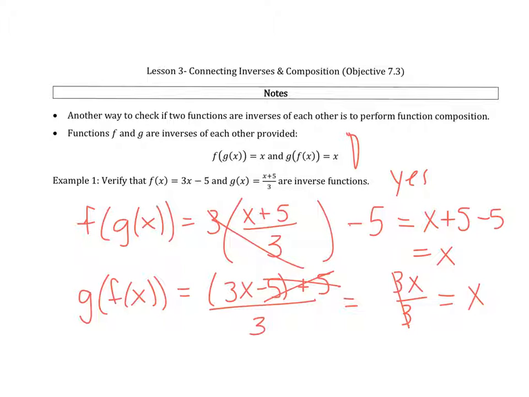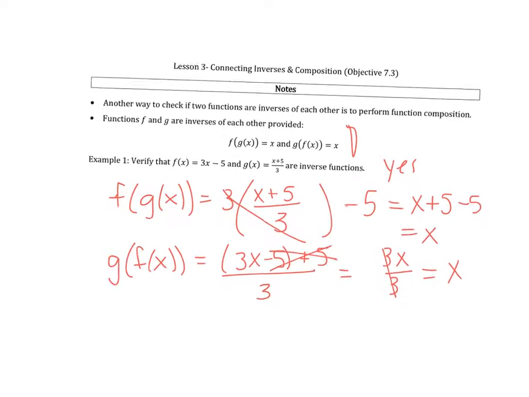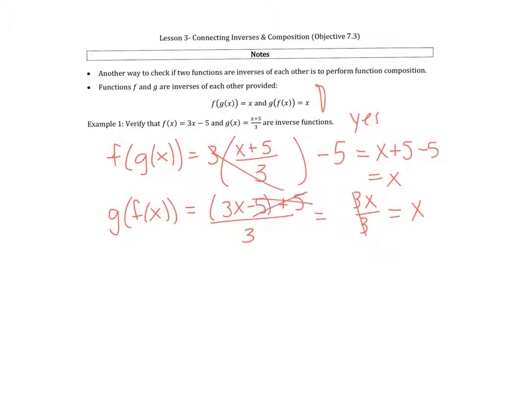One other way to show this, I'm going to give myself a little bit more room here. This is just a second approach at this type of problem. If you want to start with f of x is y equals 3x minus 5, flip-flop the x and y and solve for y, just simply finding the inverse as we did in Lesson 2. I would add my 5.